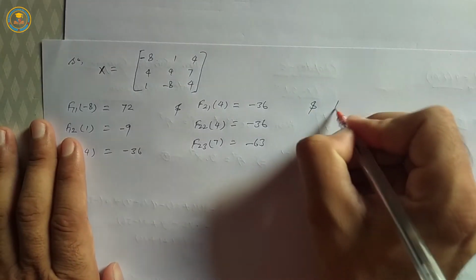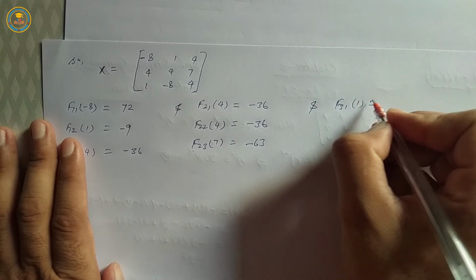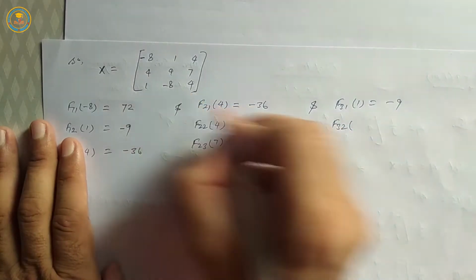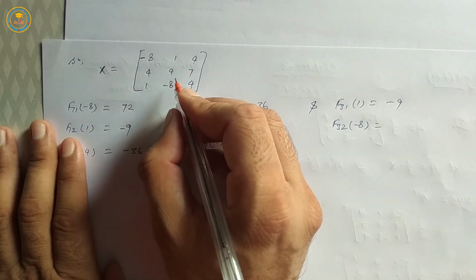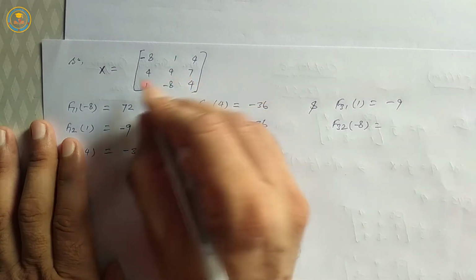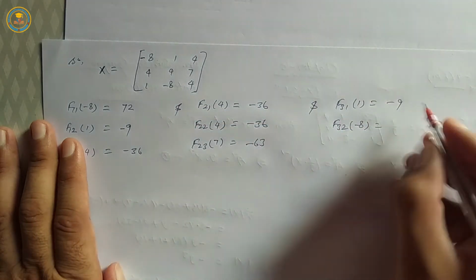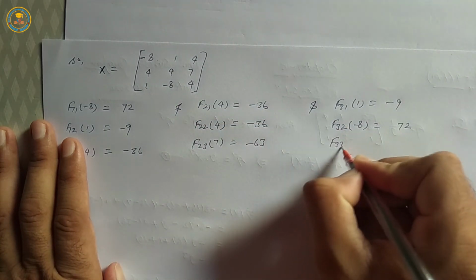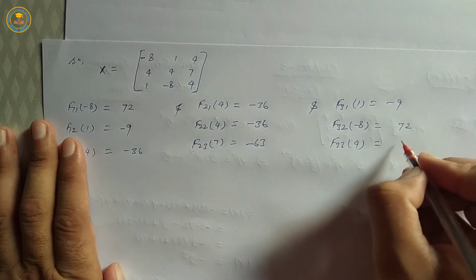And F31 over 1 is equal to minus 9. F32 over minus 8 is equal to minus 56 plus 16, which means 72. F33 over 4 is equal to minus 36.